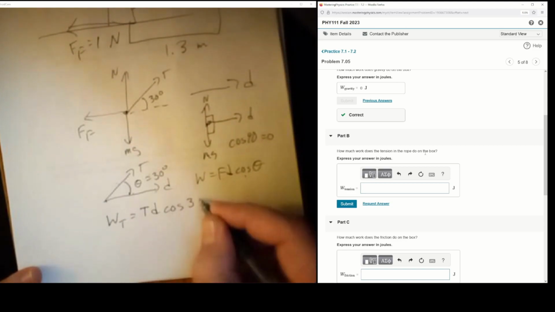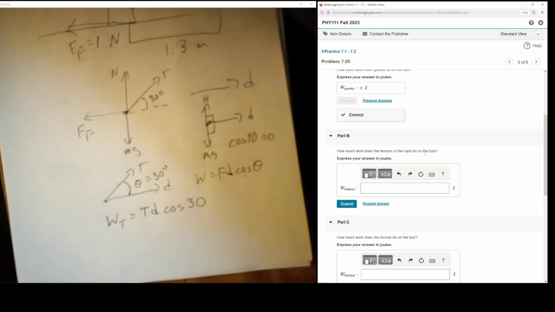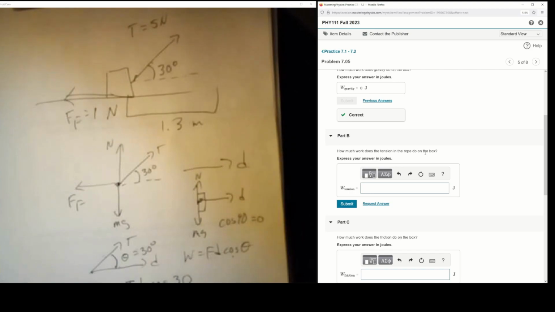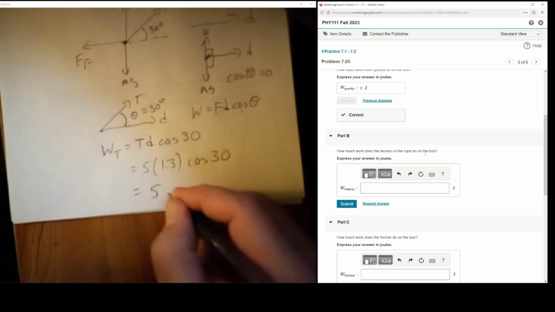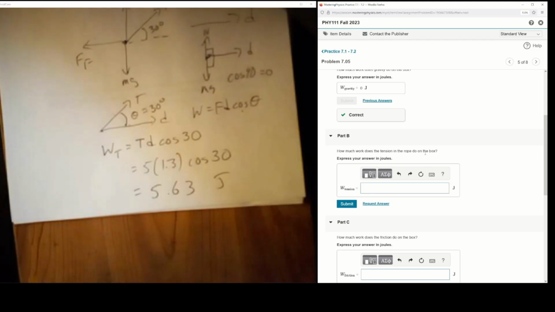And then we have cosine 30 because the angle between them is 30 degrees. They told us the tension is 5. They told us the displacement is 1.3. And then cosine 30 equals 5.63 joules from tension.